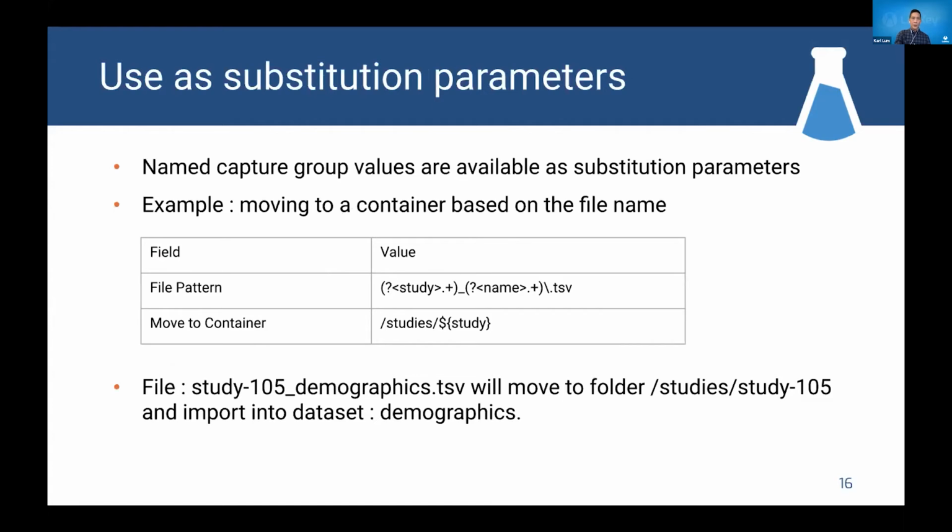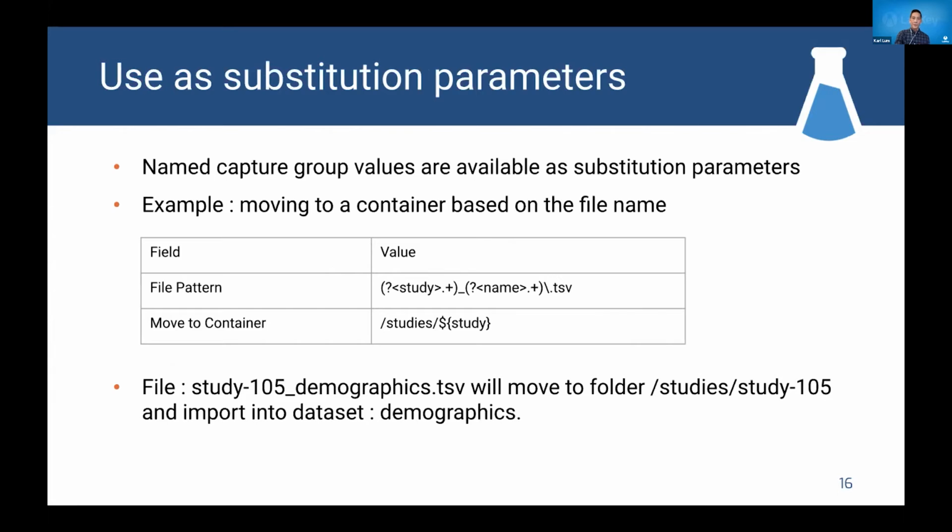Bringing this around and looping back to substitution parameters, name capture groups are available as a substitution parameter. It's a little bit abstract and hard to get your head around, but let me provide an example.